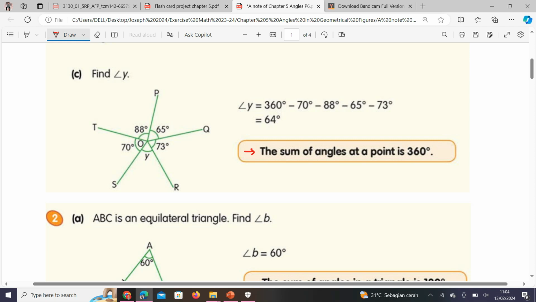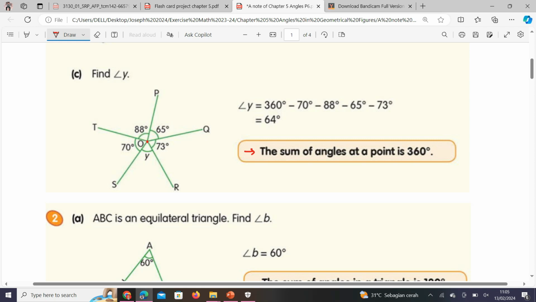In this question, you may see all the lines meet at a point O. For example, you see the line of TO, the line of PO, the line of QO, the line of RO, and the line of SO. All meet at the point O. So meaning the total angles here is 360 degrees.